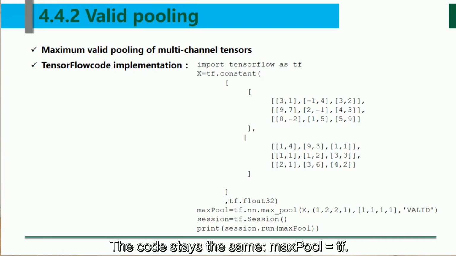The code stays the same. max_pool equals tf.nn.max_pool(x, [1, 2, 2, 1], [1, 1, 1, 1], 'VALID'). The output shape is 2, 2, 2, 2: a 2 multiplied by 2 multiplied by 2 tensor per input tensor. This consistency makes batch processing easy.